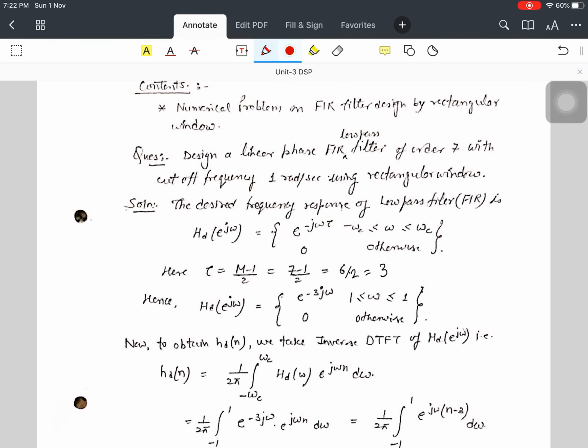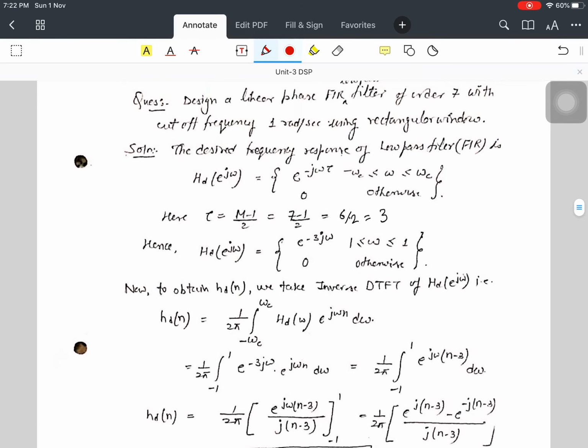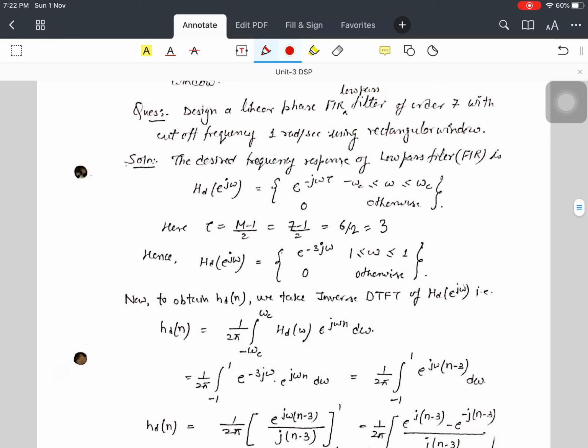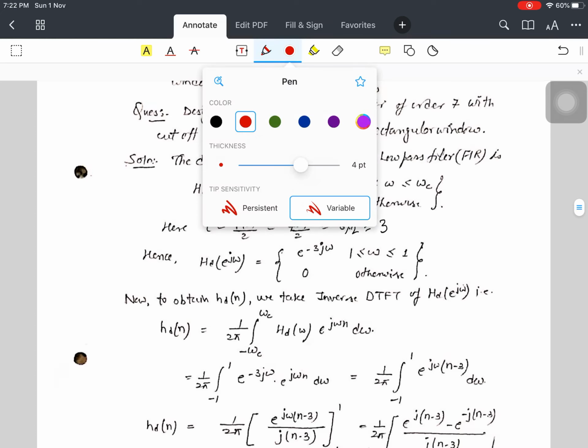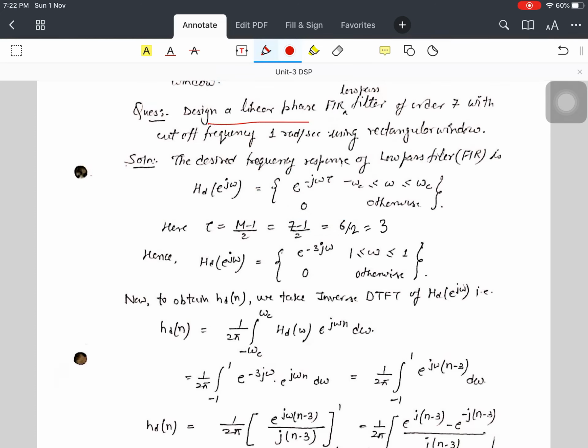The question is given: design a linear phase FIR low pass filter of order 7 with cutoff frequency 1 radian per second using a rectangular window.